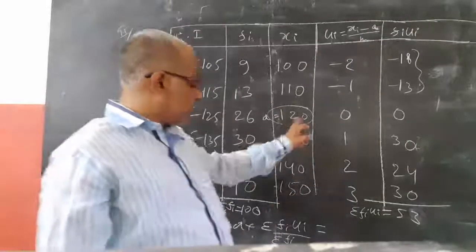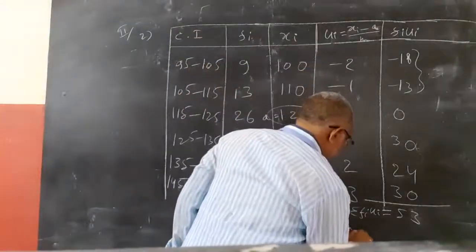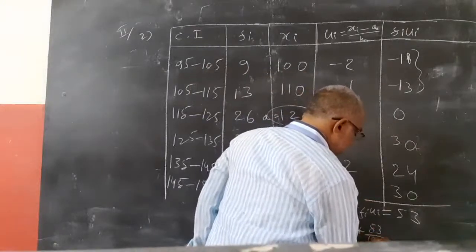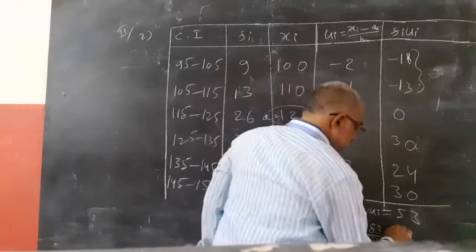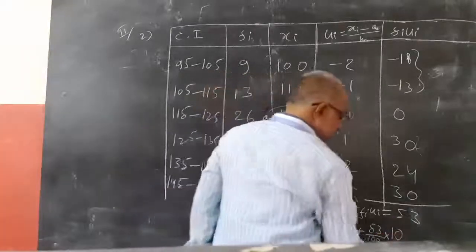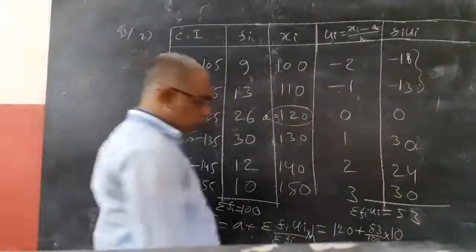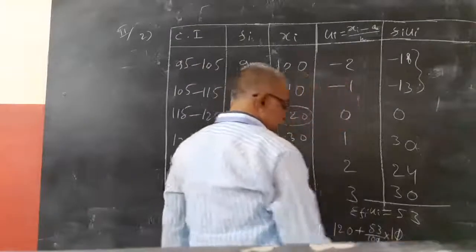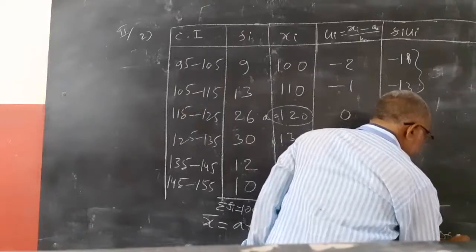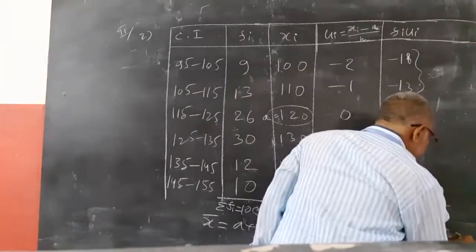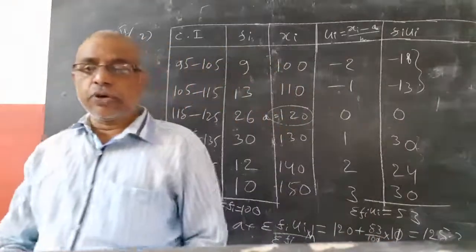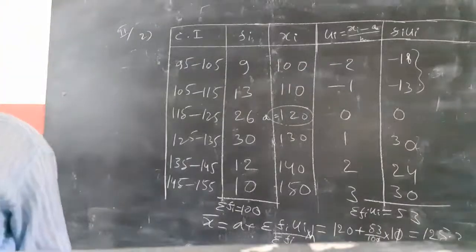Here a is 120, plus sigma fi ui is 53 by sigma fi 100, into h. h is the class size, which here is 10. So I can cancel the 10 with the 0, and it becomes 120 plus 5.3. 53 by 10 is 5.3. So 120 plus 5.3 gives 125.3, which is the mean.